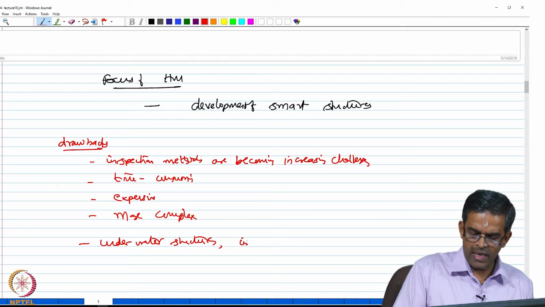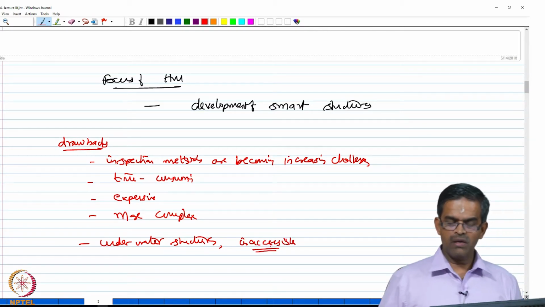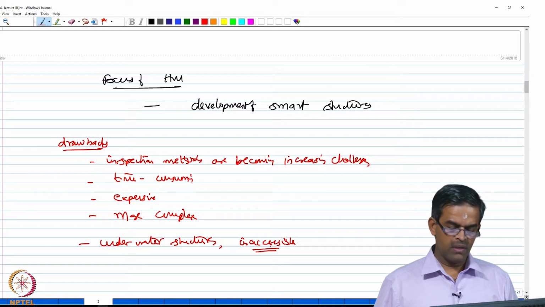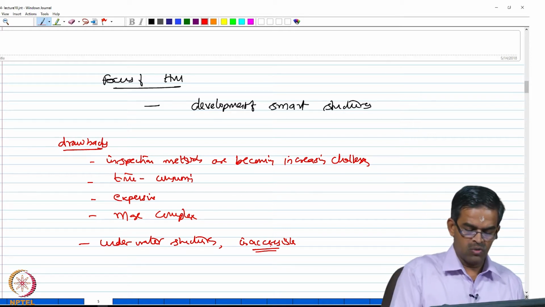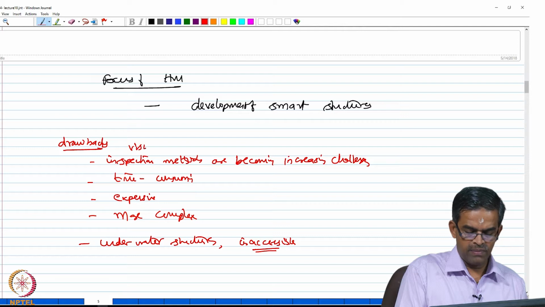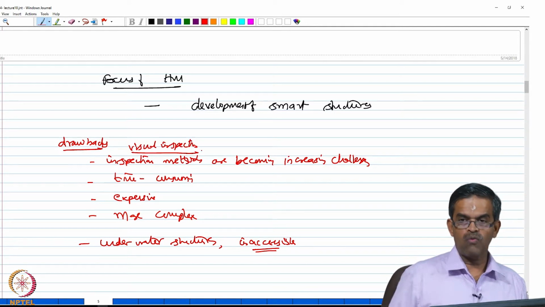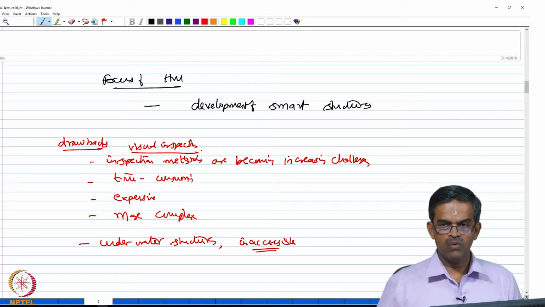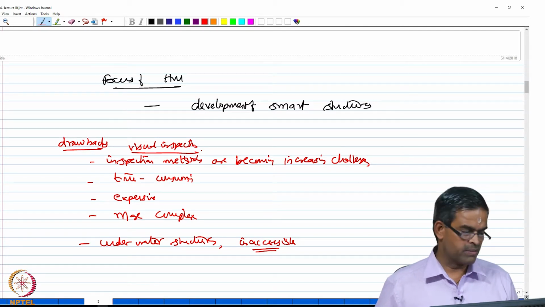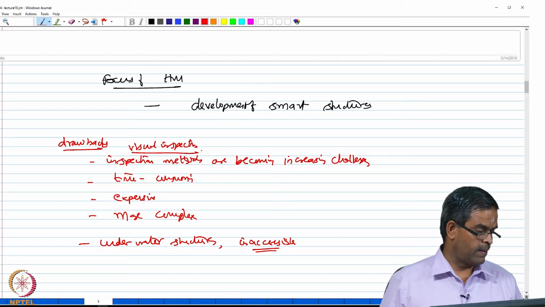There is a problem of inaccessibility also. So, they do not enable health monitoring using visual inspection. In such cases, one is compelled to go for health monitoring using mechanical devices, which are mechatronics like sensors, etc.